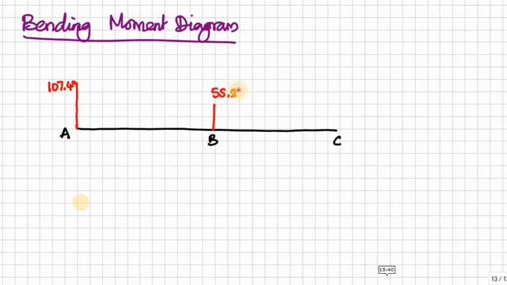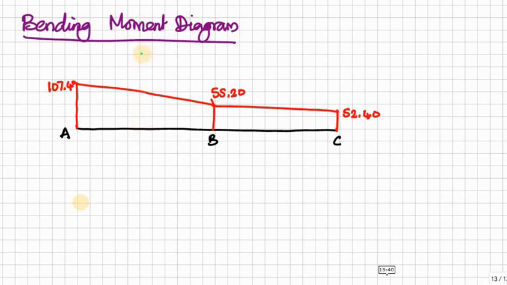So join by a straight line, and for the BC member at C we have 52.40. Here also we have to join by a straight line. So this is the negative moment, over which we have to draw the simple support moment.